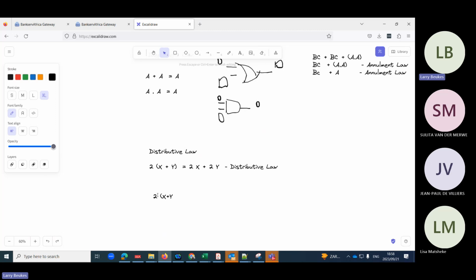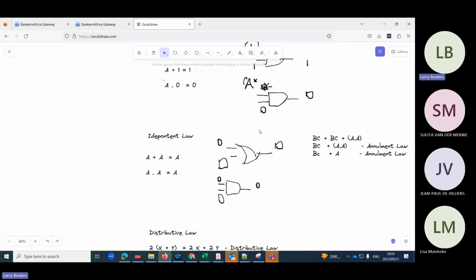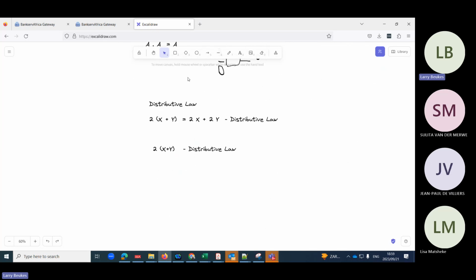All of these things, just name them distributive law. The moment you need to break something down, just name it distributive law, right? So we're gonna go through an example. Every time I touch this subject, I go to Boolean algebra. Sorry, not Boolean algebra, De Morgan's theorem. This is De Morgan's theorem.